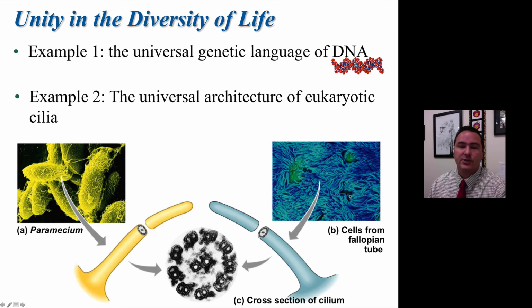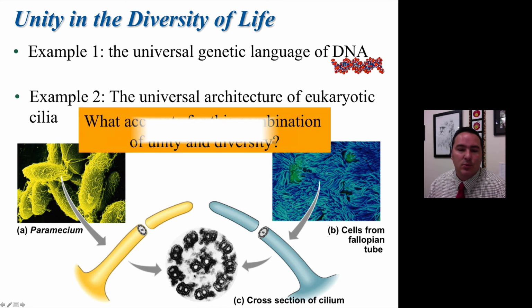And these hair-like structures move in a wave-like fashion, and that's what brings the egg from the end of the fallopian tube down into the uterus. What's amazing, though, is if you look at the microstructure of the cilium on the outside of a paramecium and the cilium on the inside of the fallopian tube, you see that the structure is exactly the same. So there's this unity within this structure.